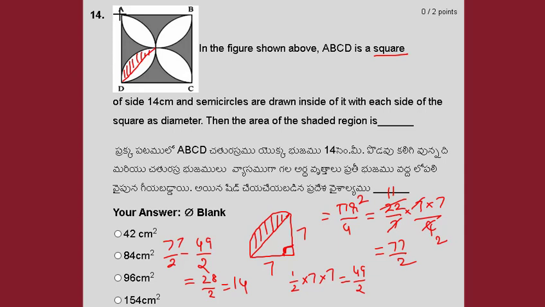Area of the square is 14 square, because side square is the area of a square, so that is equal to 196 minus the area of the 8 flower type things, 112. If we subtract these two, we will get 84. So 84 centimeter square is the answer.